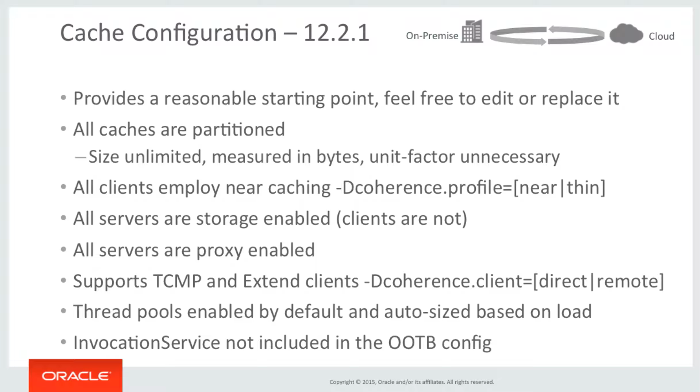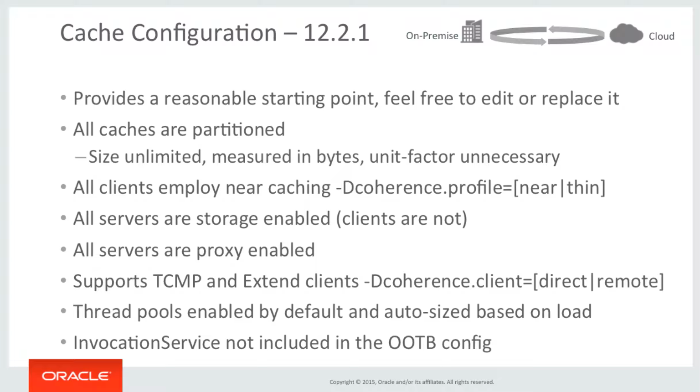The default cache server, when you start Coherence, will start up as storage enabled services, but if you just have a plain old client using that same cache config, it won't be storage enabled. The standard Tangosol Coherence distributed local storage system property is still respected. And again, this is just something that is known to the cache config, but it is still respected.